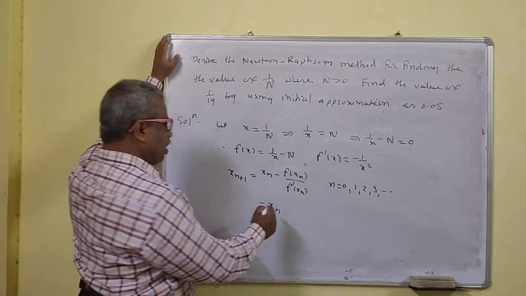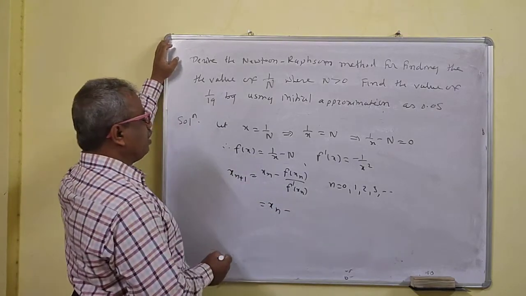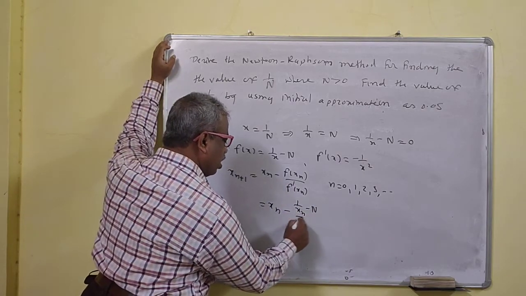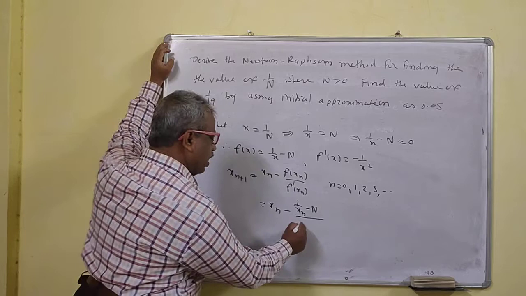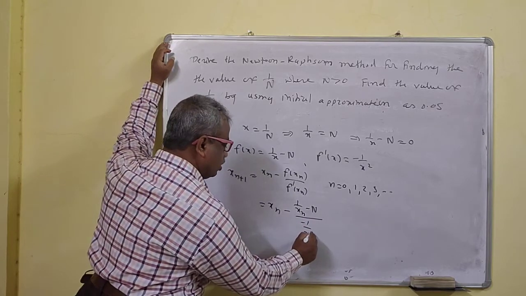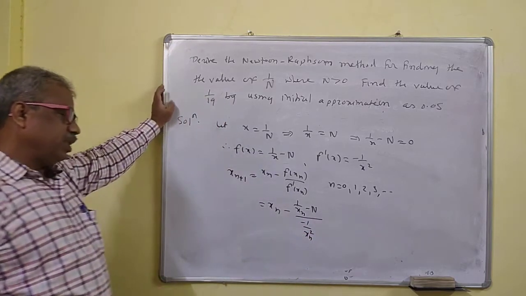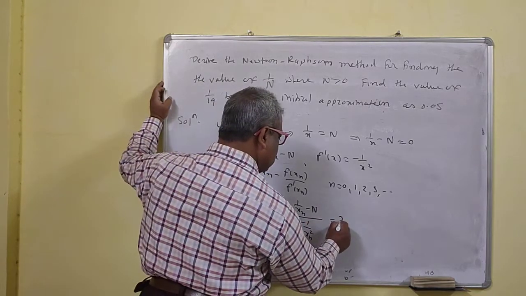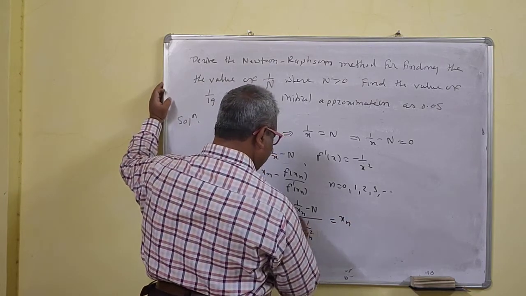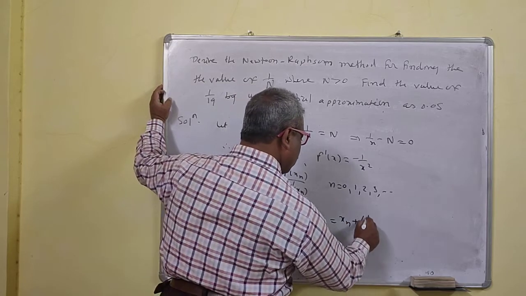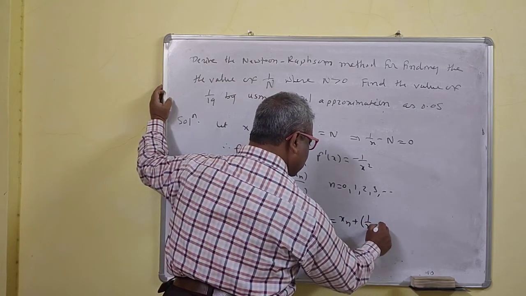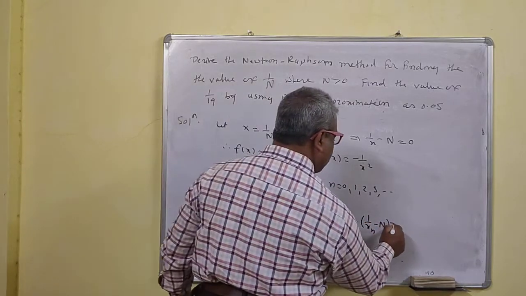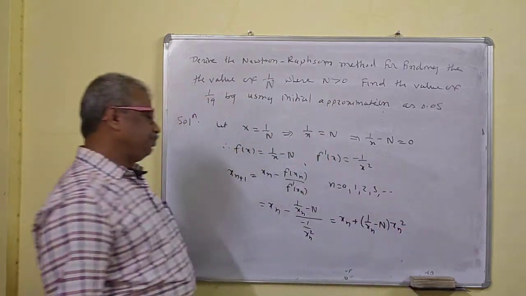So xn minus f of xn, where f of xn is 1 upon xn minus n, upon f prime xn, which is minus 1 upon xn square. The minus minus becomes plus, so this is xn plus 1 upon xn minus n. This is the reciprocal, so you multiply by xn square.